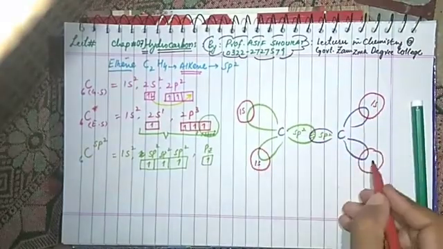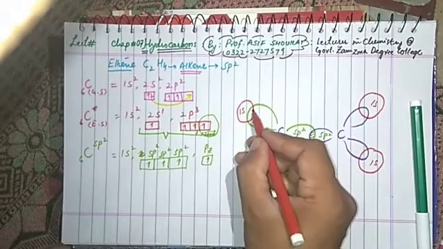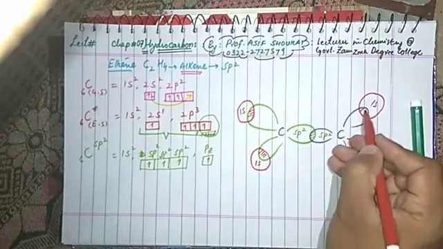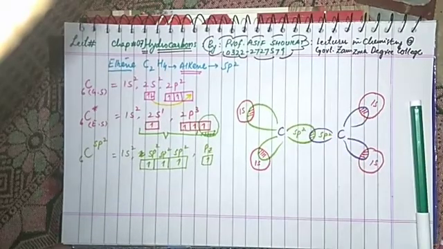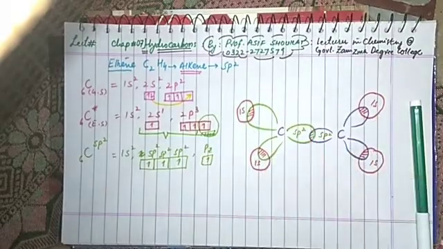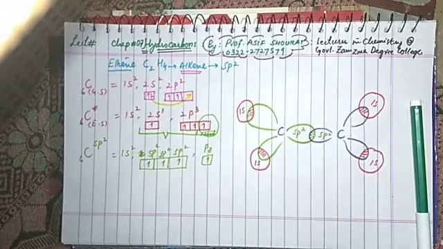You may write 1s or you may write hydrogen. Focus on this type of overlapping. These 4 overlappings are same, that's why I used the same color. Sigma bonds are 4. Sigma bond is 5th. 4 are alike and 5th one is different.